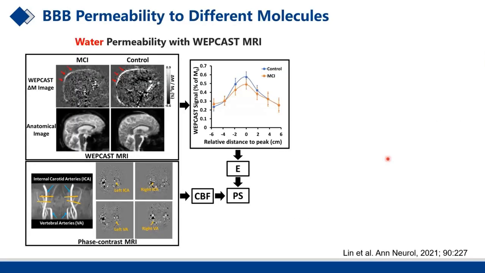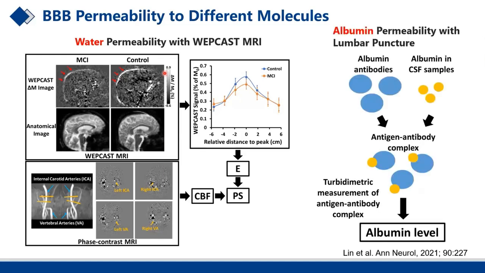First, we used our WEXCEST MRI to look at the water permeability, and that represents an index for small molecule permeability. Second, we used lumbar puncture to look at the albumin permeability, and that represents a large molecule. Here are our results.